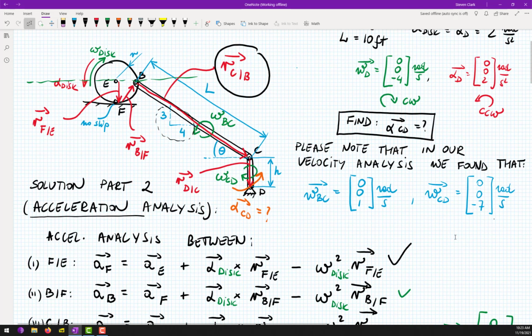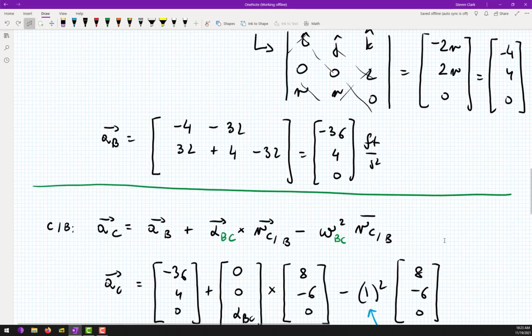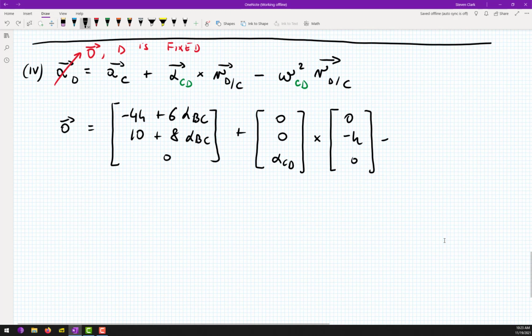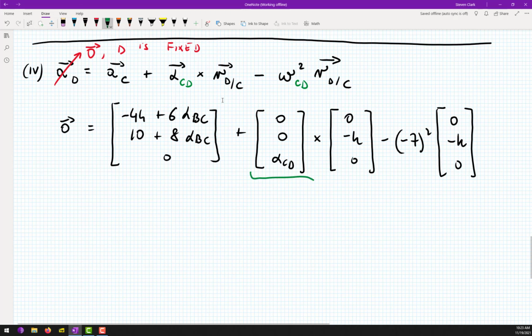Aha, it was 7 or minus 7. It doesn't matter because it's squared anyway. So it will be minus 7 squared times 0, minus H, 0, and H was 2 feet. If we run this determinant, we will obtain 2 alpha CD, 0, 0.